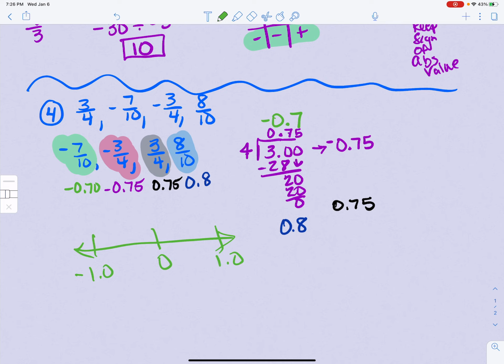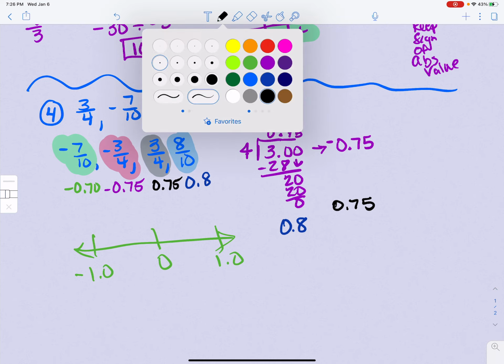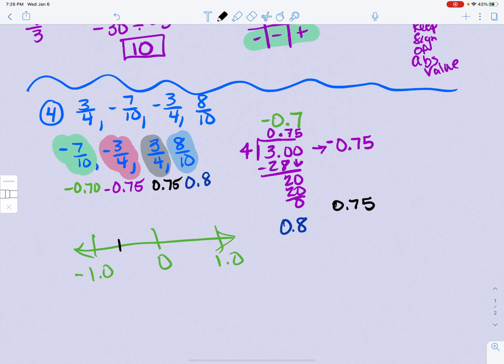So let's plot them. If I were to plot that one, I'm going to do it in black, negative 0.7, negative 0.75, 0.75, and 0.8.